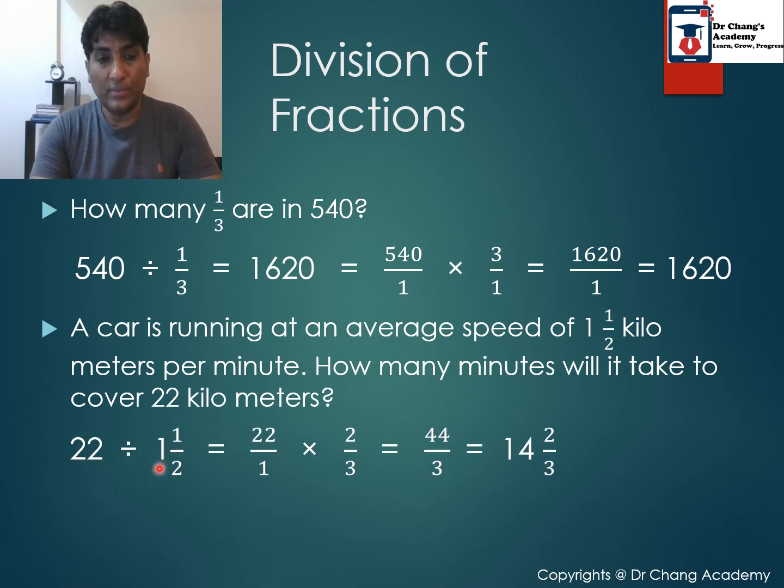So 22 divided by 1.5, and changing this into multiplication using the multiplicative inverse. If we change 1.5 into an improper fraction, it is 3 over 2, and its multiplicative inverse is 2 over 3. So 22 times 2 is 44, and 1 times 3 is 3. Now if we change this into a mixed fraction, it's going to be 14 and 2/3, which is the time this car will take to cover 22 kilometers.